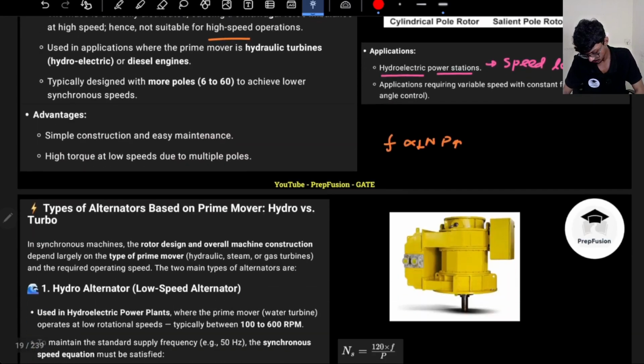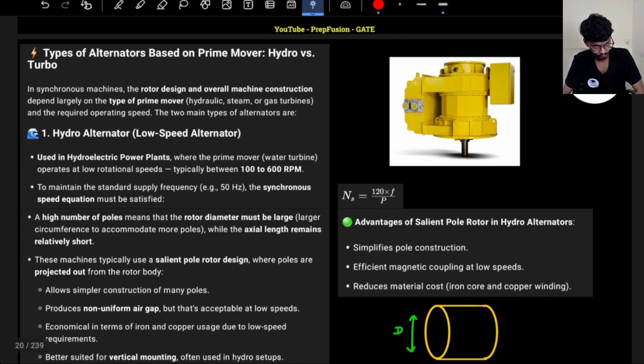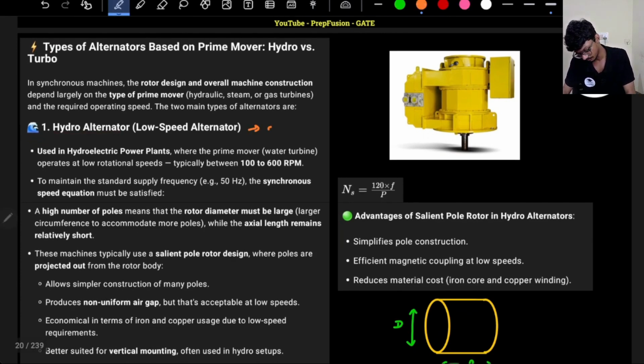As I am explaining, there are two kinds of alternators. One is the hydro alternator, in which the rotor will be salient pole. These two alternators are mainly the machines we use for generating power.